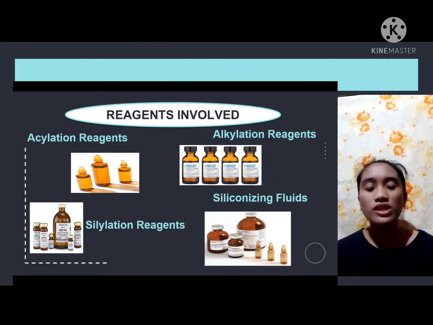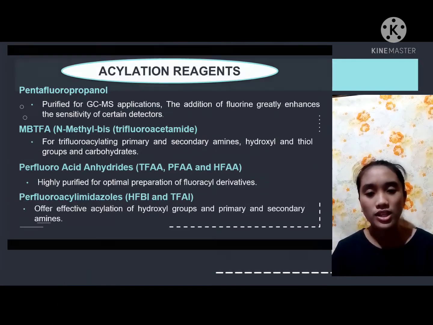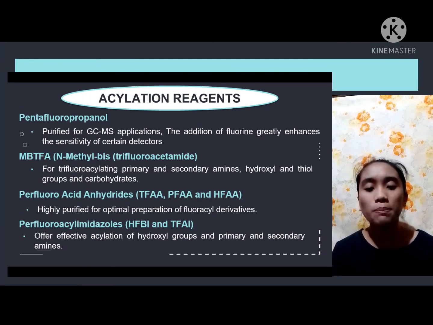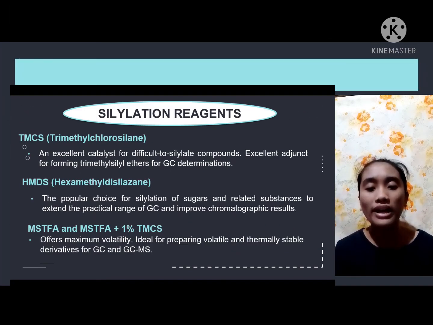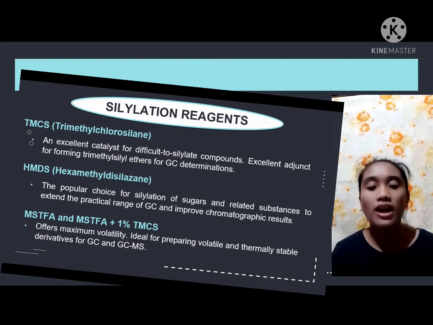Reagents involved during the process of gas chromatography. There are four types. These are acylation reagents. It converts compounds that contain active hydrogens through the action of a carboxylic acid or a carboxylic acid derivative. Acylation reagents are the most widely used derivatives for gas chromatography application.